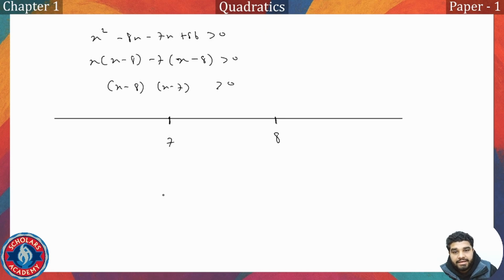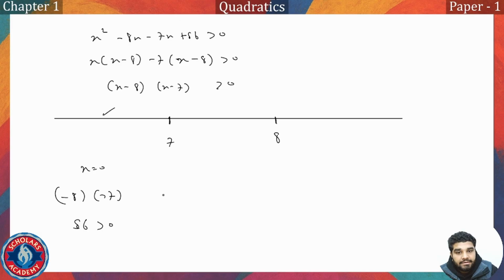If we check for x is less than 7, we take x is equal to 0 and substitute it over here in this equation. So negative 8 times negative 7 is actually 56, which is greater than 0. Yes, this interval satisfies our quadratic inequality.